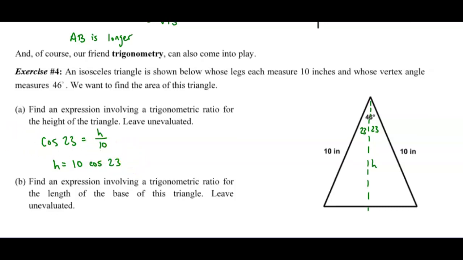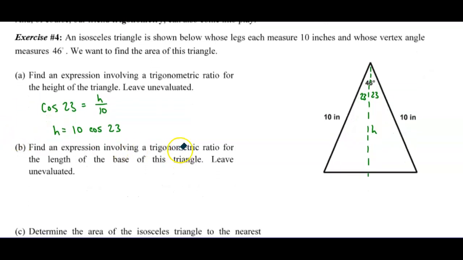Now to find an expression involving a trig ratio for the length of the base, I think what I want to do is first treat each of these as x, and then to get the base I'll just double whatever I got for x.